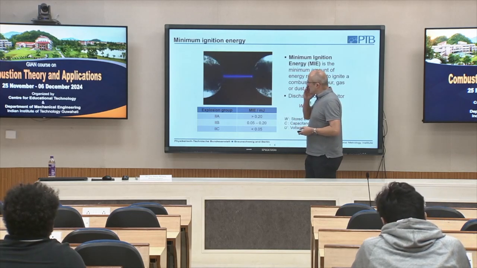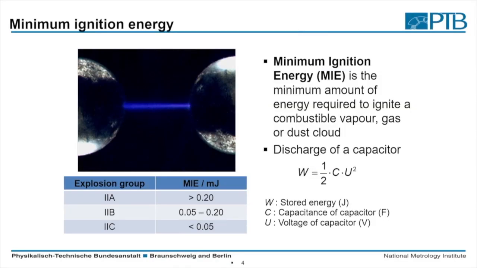And the energy is stored in a capacitor, and then for a given spark distance or gap length here, we will see a spark, and the minimum ignition energy finally depends on the shape of these electrodes, of the distance here, and of course of the mixture composition at given pressure and temperature.